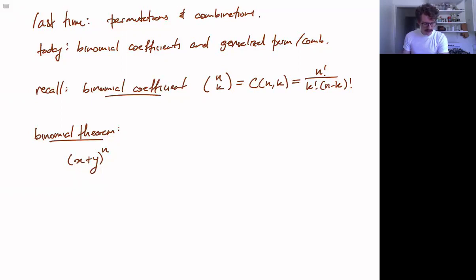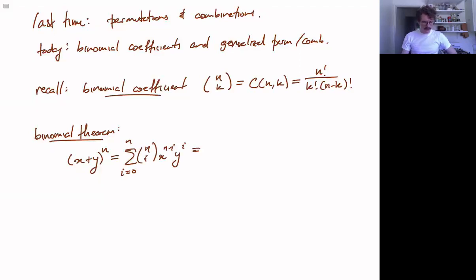So the claim is that x plus y to the n is equal to the sum from i equals 0 to n of x to the n minus i, y to the i, and the coefficient is n choose i.